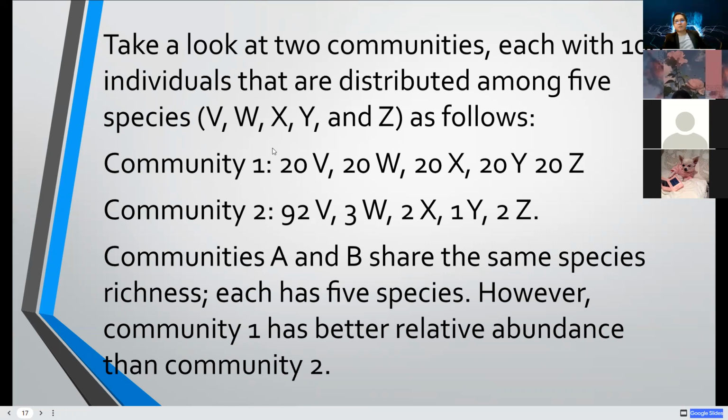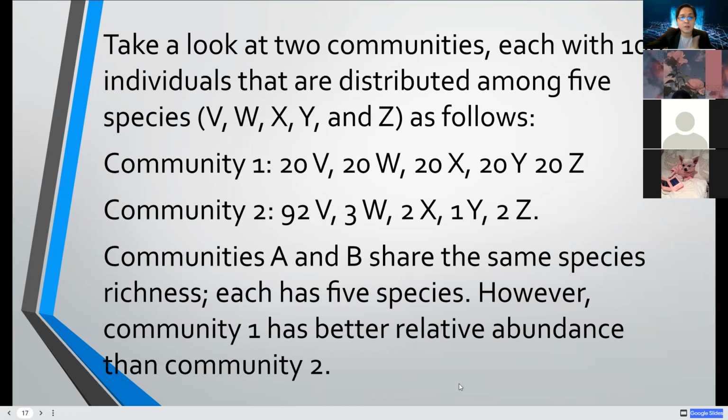If you count it over, it's 100. All of them contain 100 individuals. But how diverse are they? They're actually different. Why? Community 1 has better relative abundance than community 2.